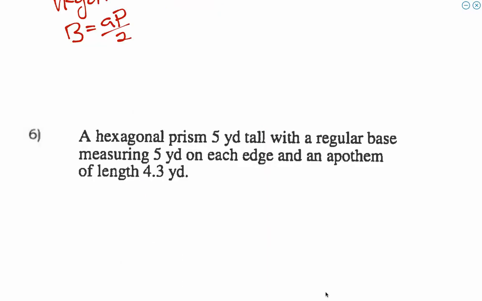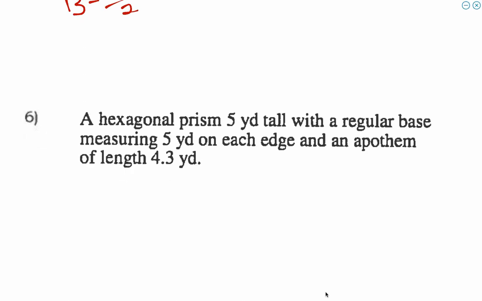So this is basically a problem above, but there's no picture. It's just all written for us. So we have a hexagonal prism, which is telling me n-gon. So B equals A times P divided by 2.